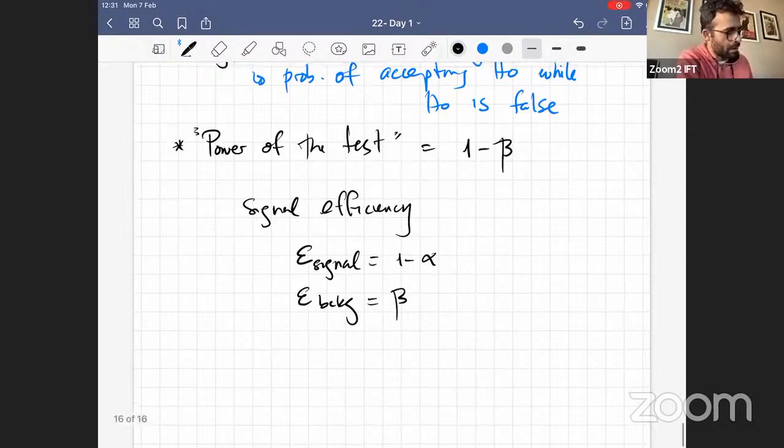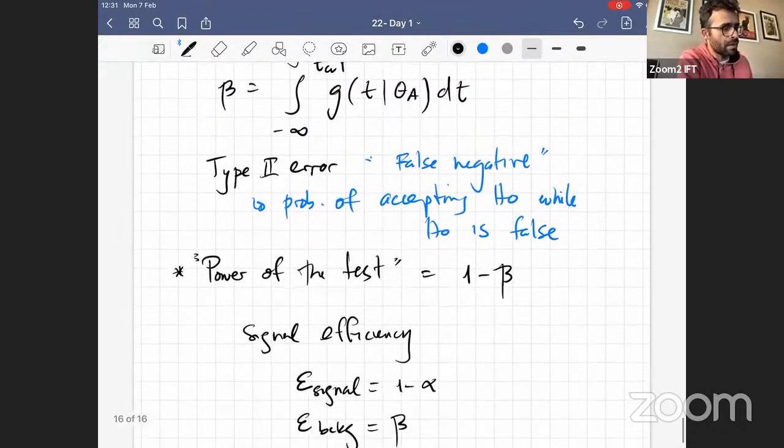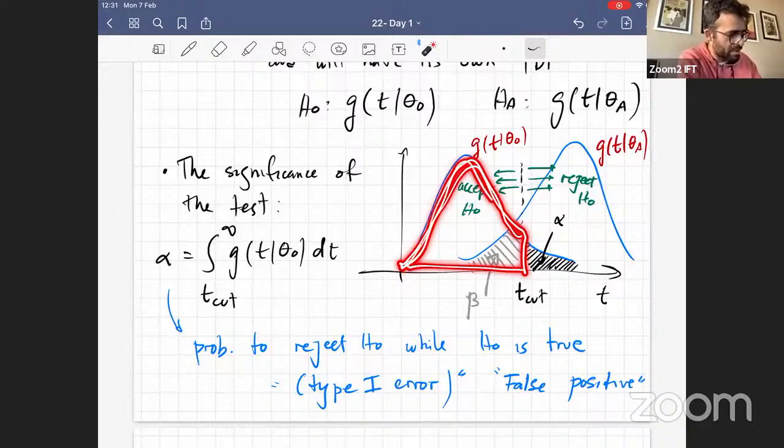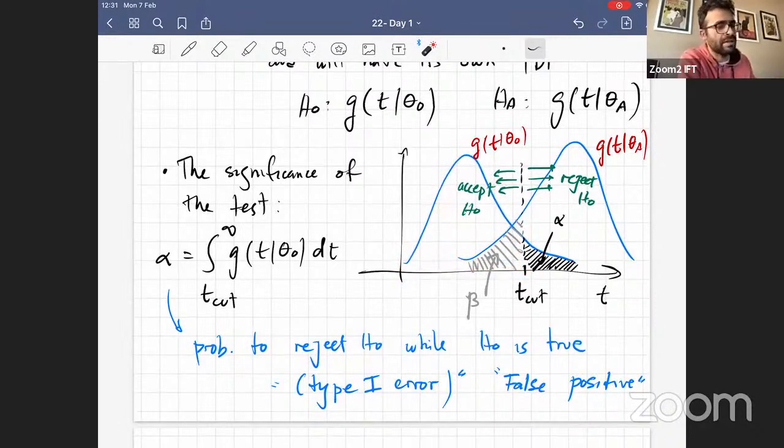So clearly, in order to increase the signal efficiency, I am increasing this area here, because it is 1 minus alpha. The price to pay is also to increase the background efficiency. So you move t cut to the right because you want to decrease alpha or increase the signal efficiency.